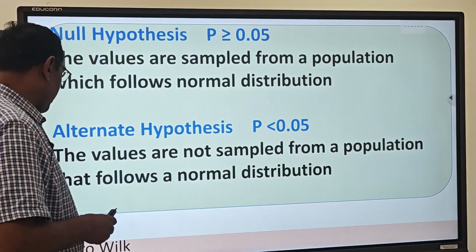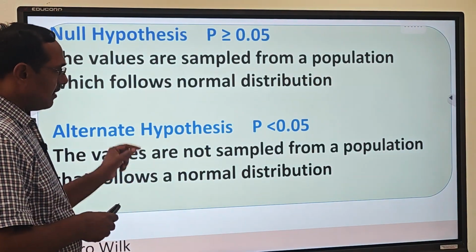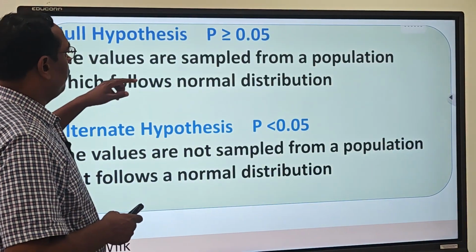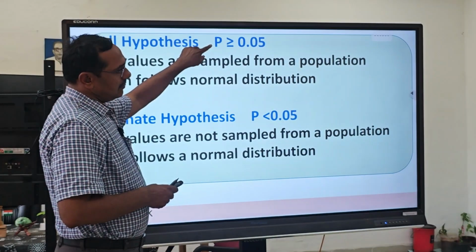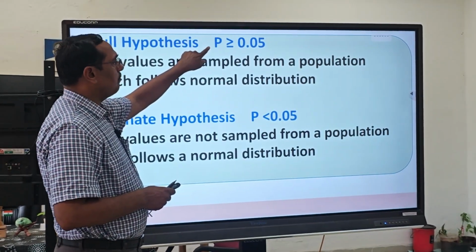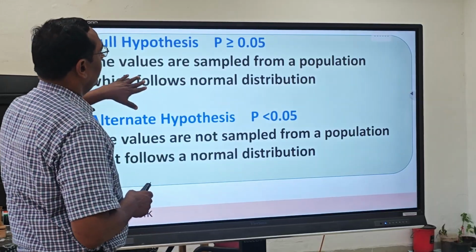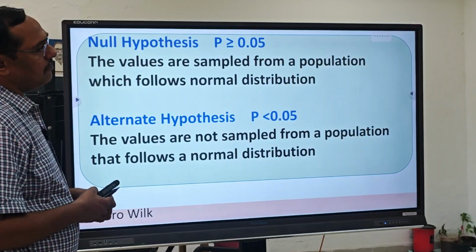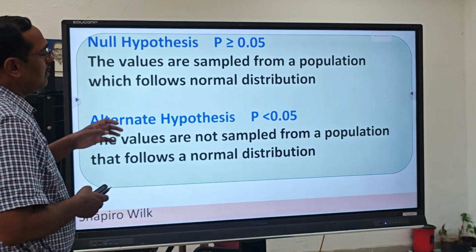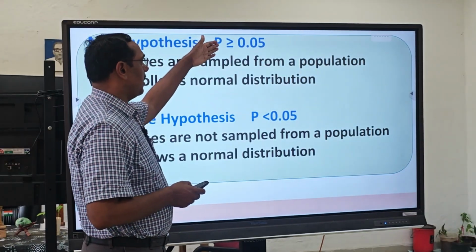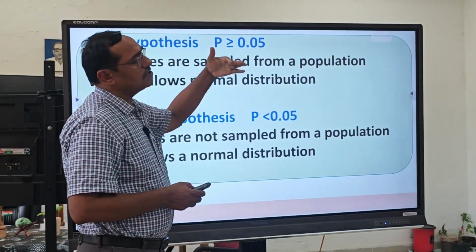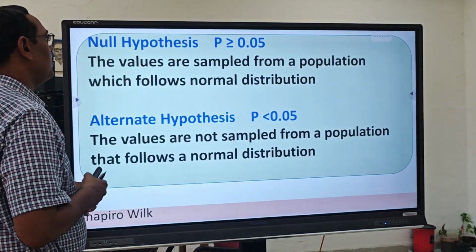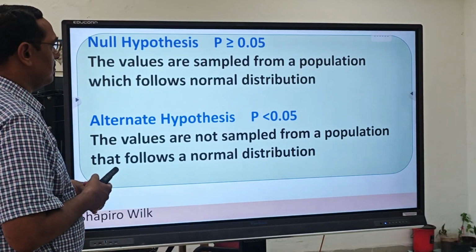Here what we are calculating is the Shapiro-Wilk statistic, which we call W. If the probability value is greater than or equal to 0.05, it means that the values are sampled from a population which follows a normal distribution.